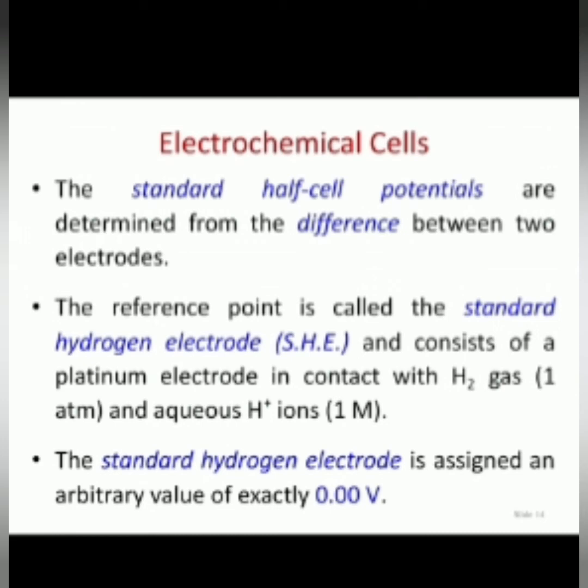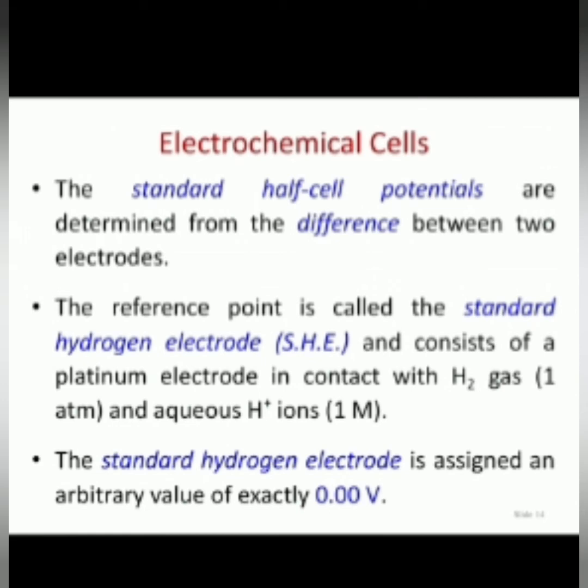Now here are some important terms for electrochemical cells. Number one is electrode potential. What is the definition of electrode potential? The potential difference between an electrode and electrolyte is called electrode potential.